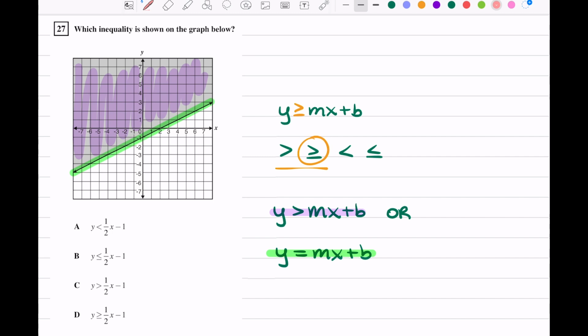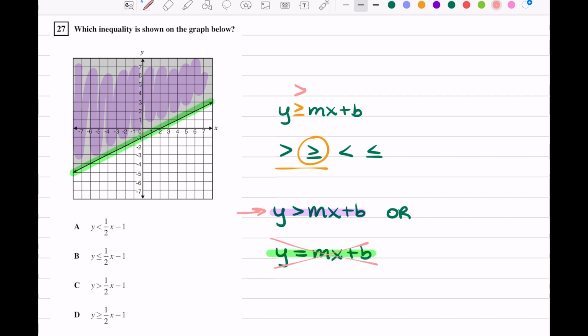If our line were dotted, that would mean that y is not equal to mx plus b. It is only greater than mx plus b. So in that case, we would pick the greater than sign. But since we have a full shaded line, we use greater than or equal to.